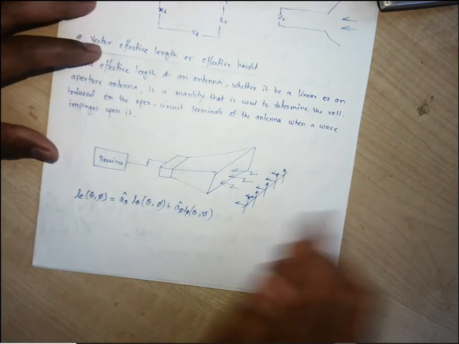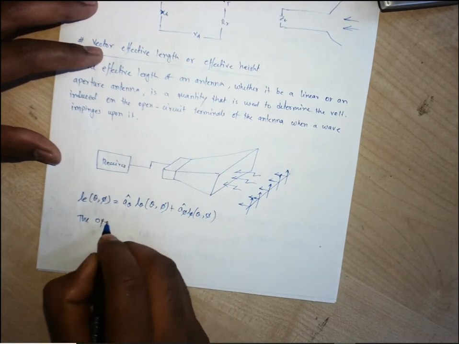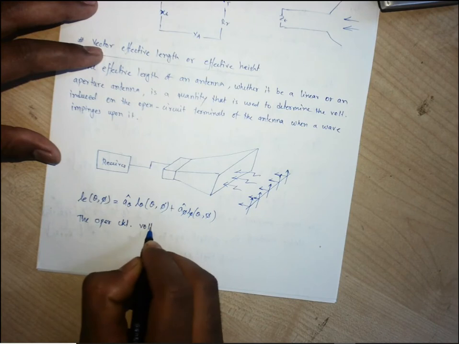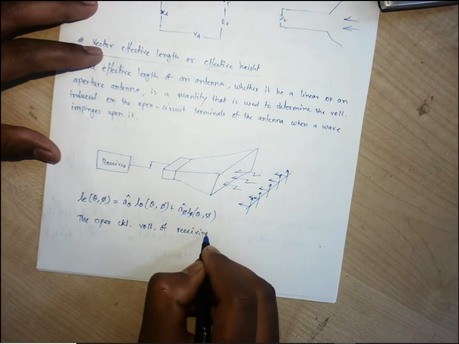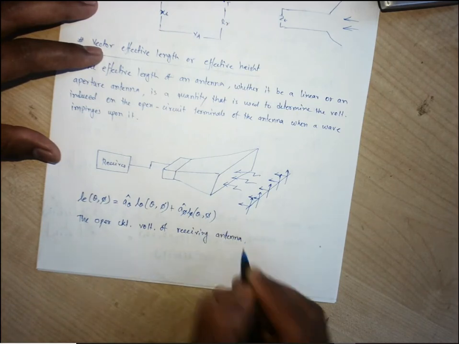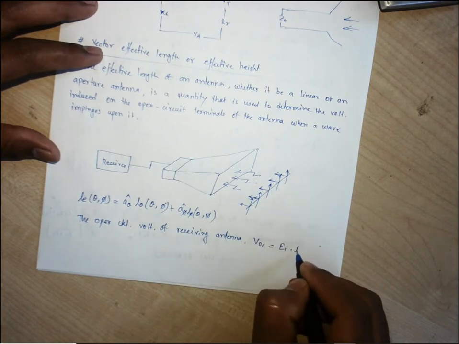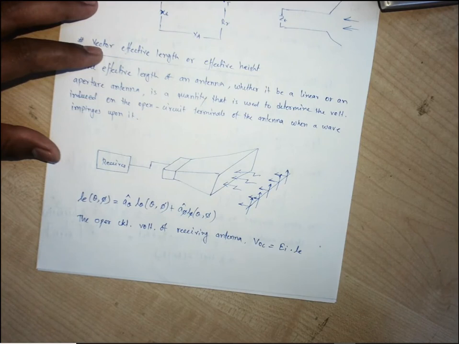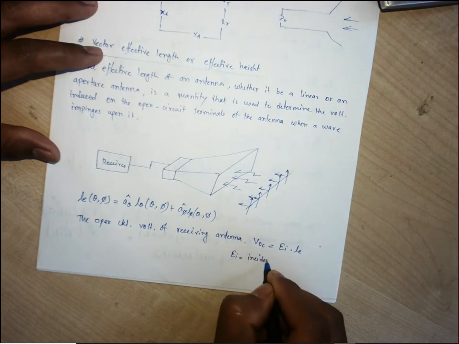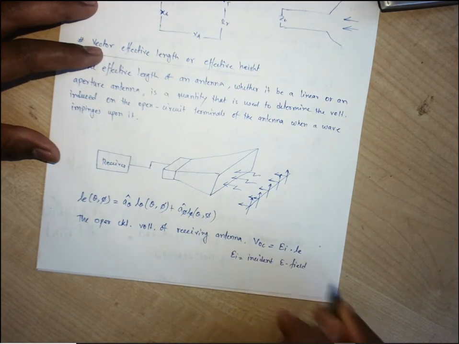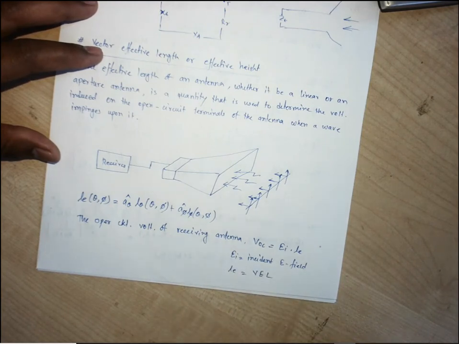So the open circuit voltage of the receiving antenna, VOC, is equal to EI into LE. What is this EI? EI is the incident electric field, and LE is the vector effective length.